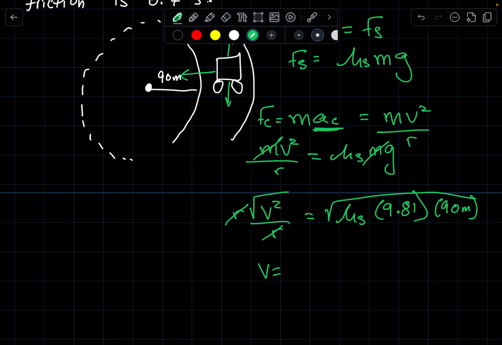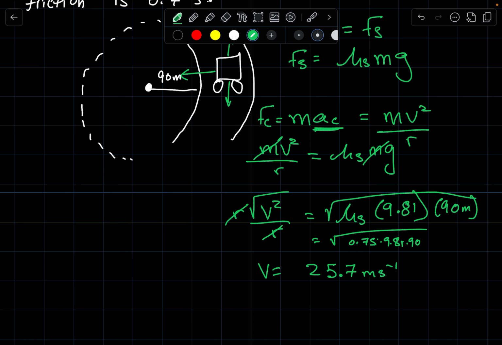Now, the coefficient of static friction was 0.75. So 0.75 times 9.81 times 90, which, if we put it in our calculators, will give us 25.7 meters per second.